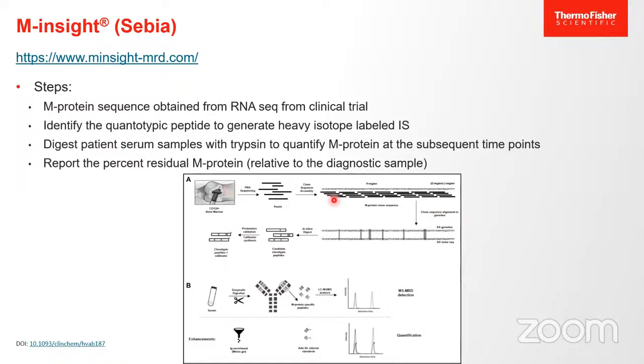They get it not from serum but from your RNA-seq data. But this is also helpful because you already have a sequencer system in your facility. So I thought to give you a perspective that you can develop your protein or peptide sequence through RNA-seq, and here also you can do a similar approach. You can quantify M protein.